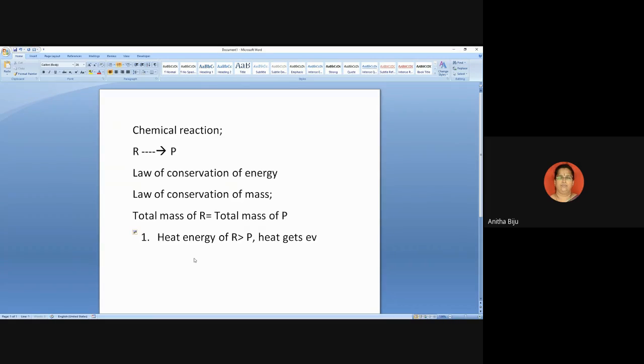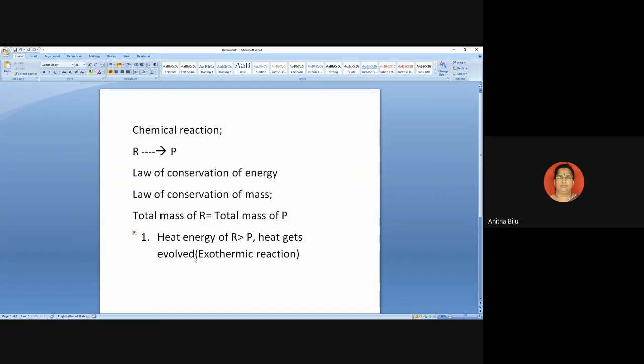Evolved means liberated. Such reactions are known under the name exothermic reaction. So what are exothermic reactions?